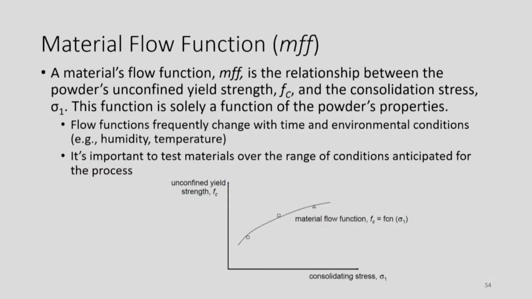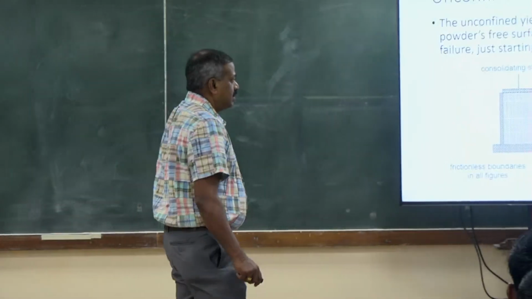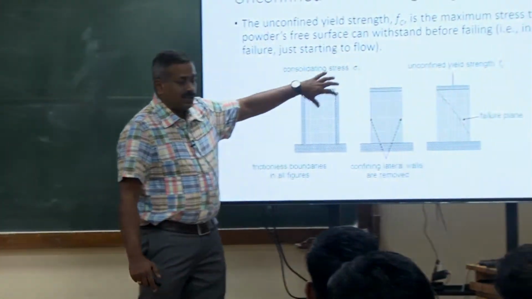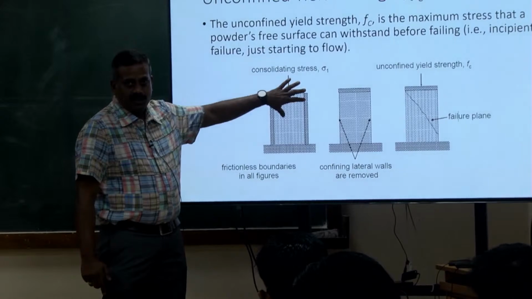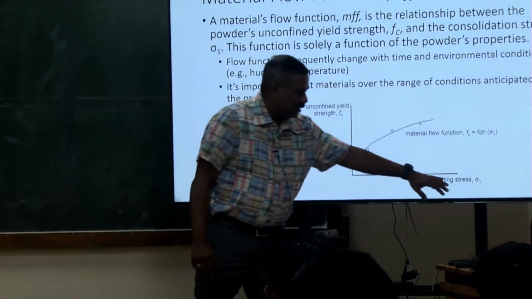One common property that we calculate from that consolidation or unconfined yield strength is called the material flow function. The material flow function is the relation between the normal stress and the unconfined yield strength. Normal stress is the stress at which you are consolidating, sigma 1, the consolidating stress.